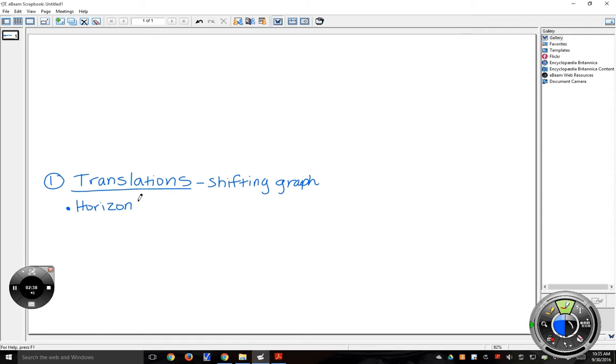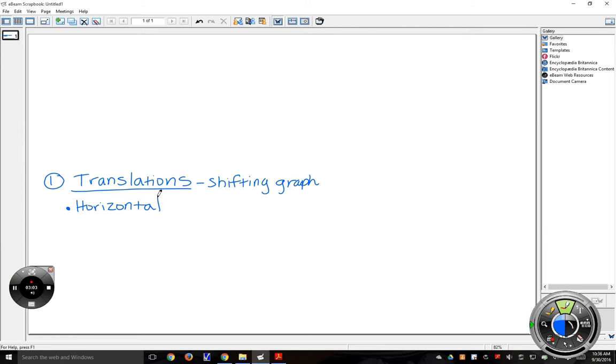We're going to have our horizontal translations. So if we're moving horizontally across the graph, which coordinate is affected for each point? The x coordinate, okay? With our functions, absolute value, greatest integer, these other functions that you saw, the x is inside of the function, right? It's inside the absolute value bars, or it's inside the greatest integer function brackets.